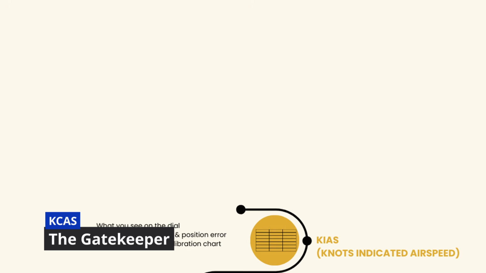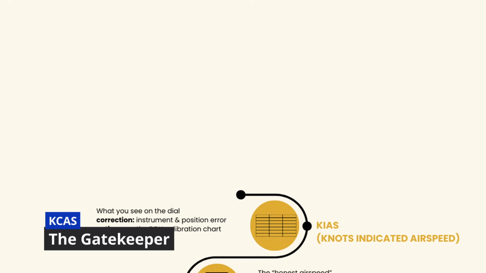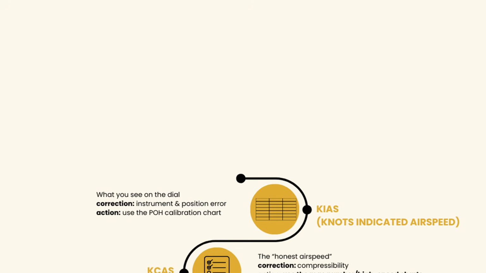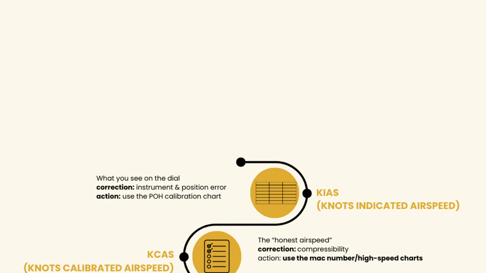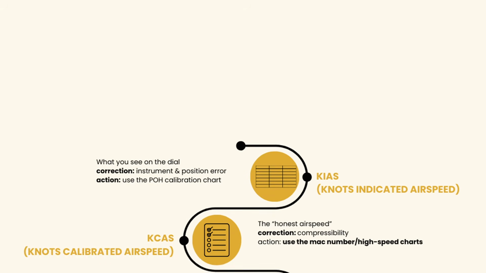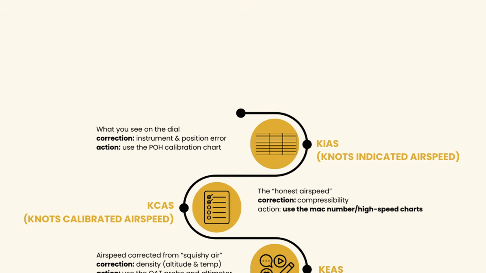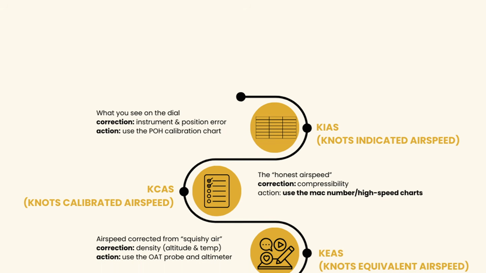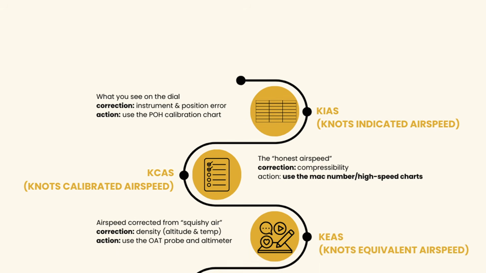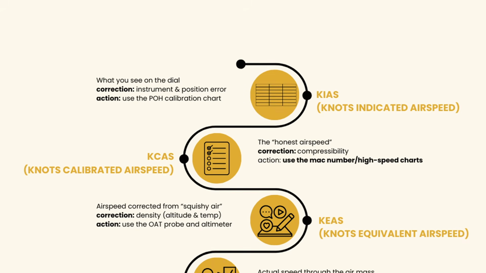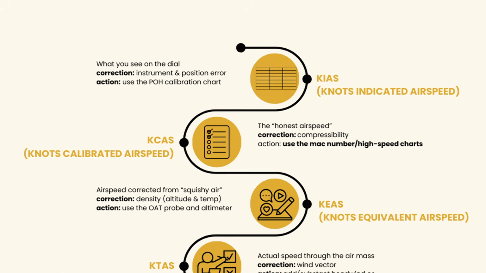KCAS is the gatekeeper. You cannot accurately calculate your true airspeed, TAS, or navigation timing without it. For navigation, KCAS is the first step in calculating how fast you're moving through the air. For control, CAS is your primary reference for structural limits and stall awareness.